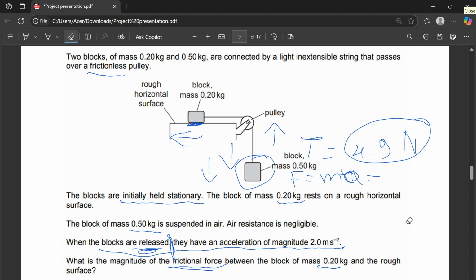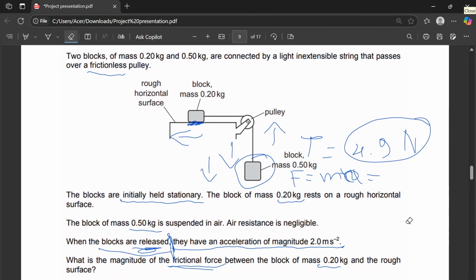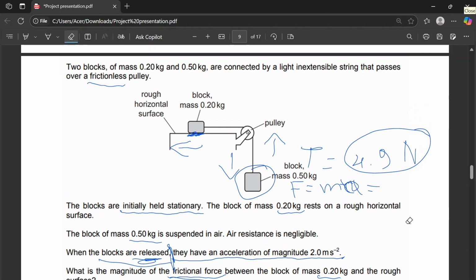Okay, now let's see. So 0.20 times 2, also plus 0.5 times 2, so this will be 1.4.